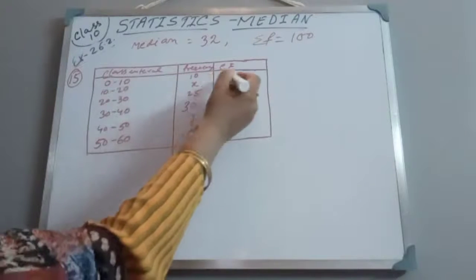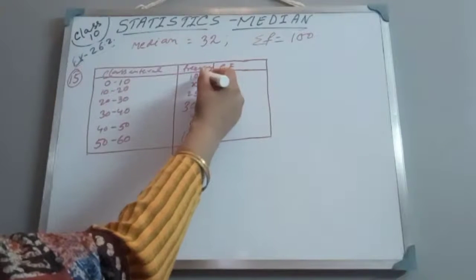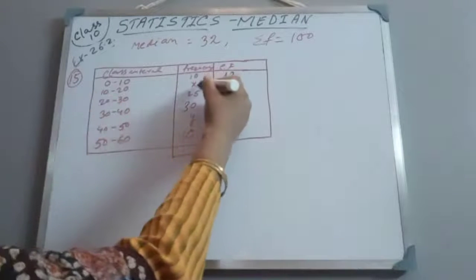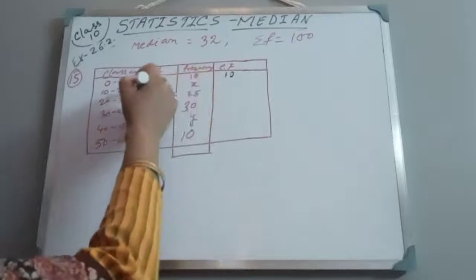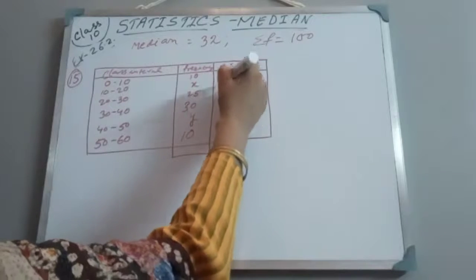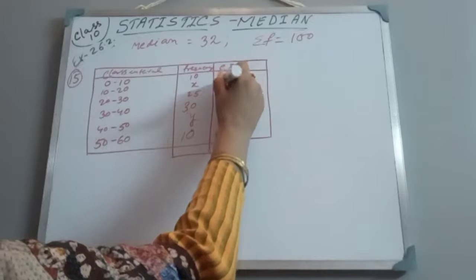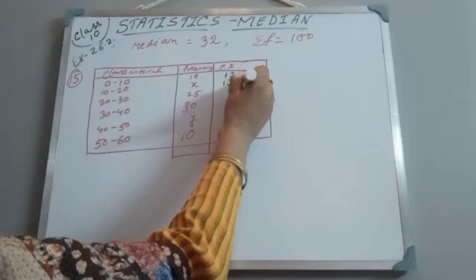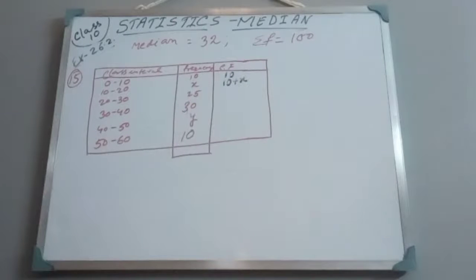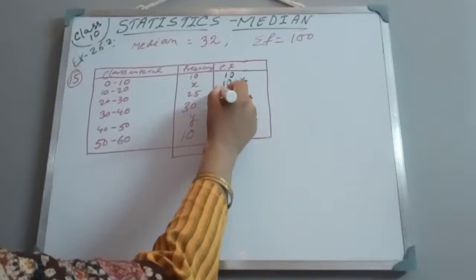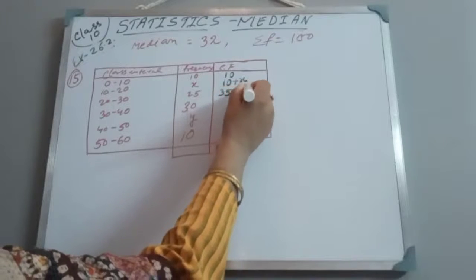For 0 to 10, frequency is 10, running frequency 10. For 10 to 20, frequency x, so cumulative frequency up to 20 will be 10 including x, so it will be 10 plus x. Next 10 plus x plus 25, so 25 plus 10 is 35, make it 35 plus x.